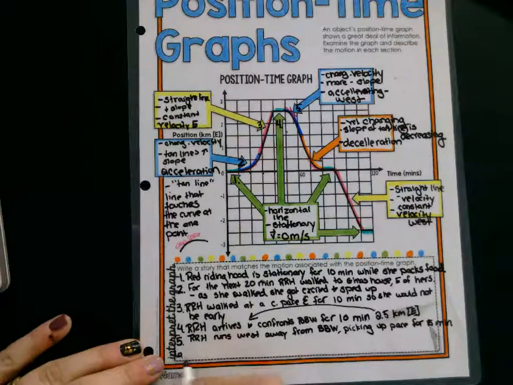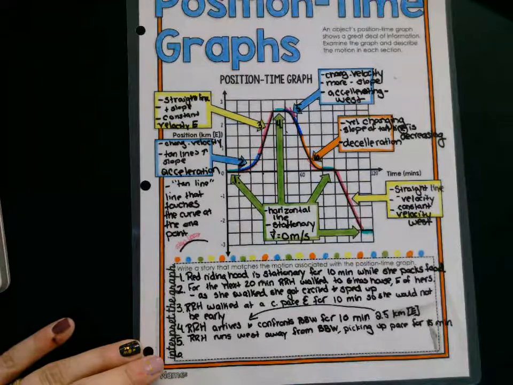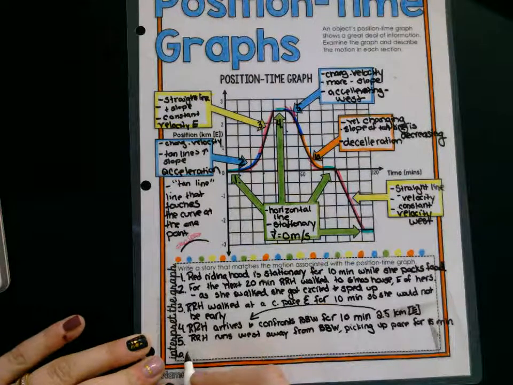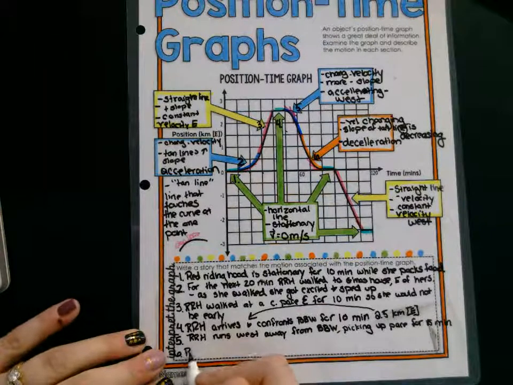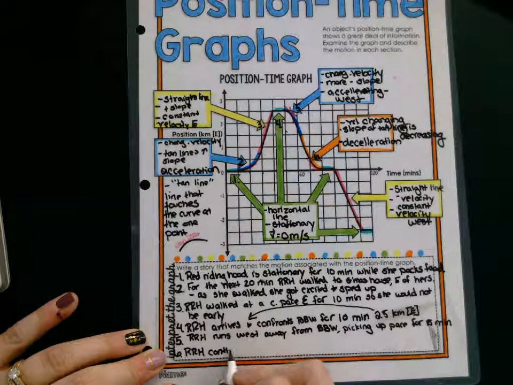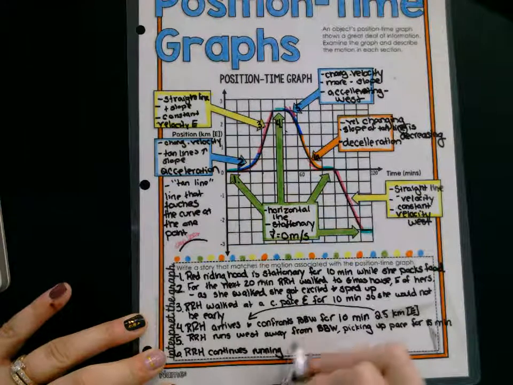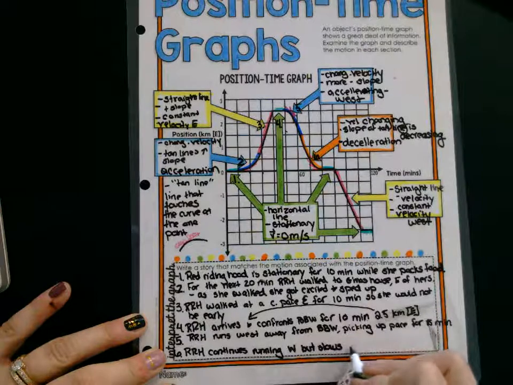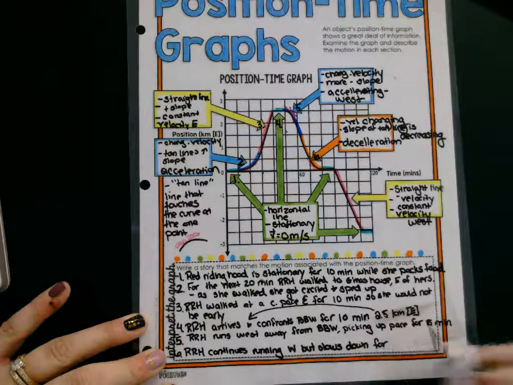But Red Riding Hood, man, she's had a busy day. So the next arrow we get to on our graph is 6. So Red Riding Hood, it has been a super busy day. So Red Riding Hood continues running west, but slows down for the next how many minutes?